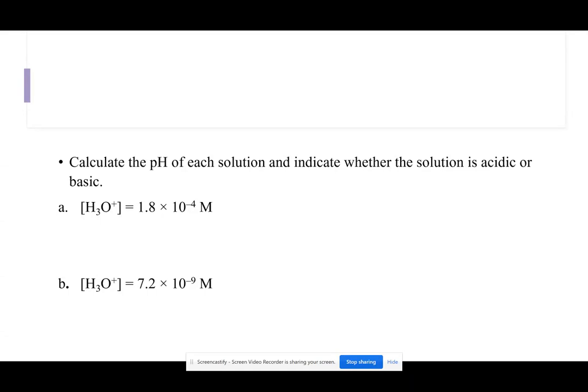So we're going to calculate the pH and indicate if it's acidic or basic. So again, the formula for pH is the negative log of the hydrogen ion concentration, hydrogen and hydronium, of course, being the same thing. So pH is going to be negative log, and I would go back to using that E button on your calculator. So 1.8 E -4.